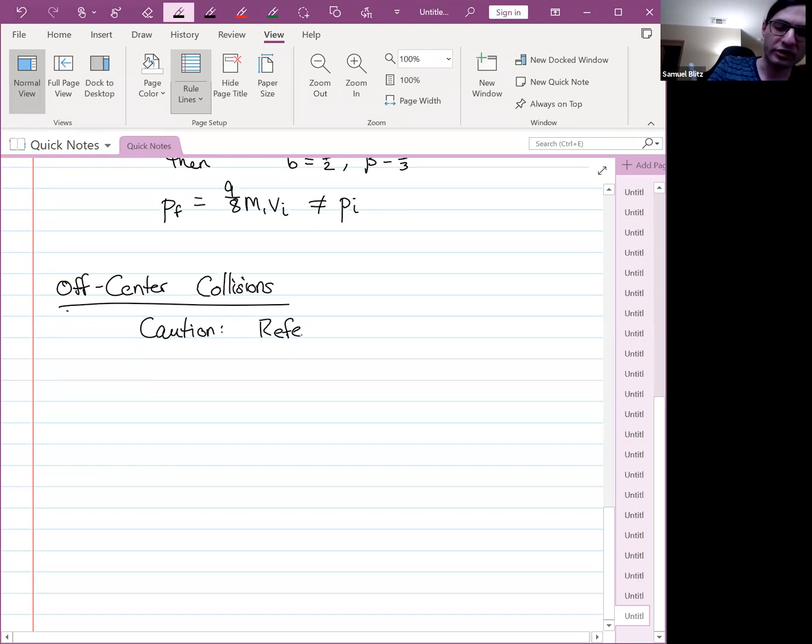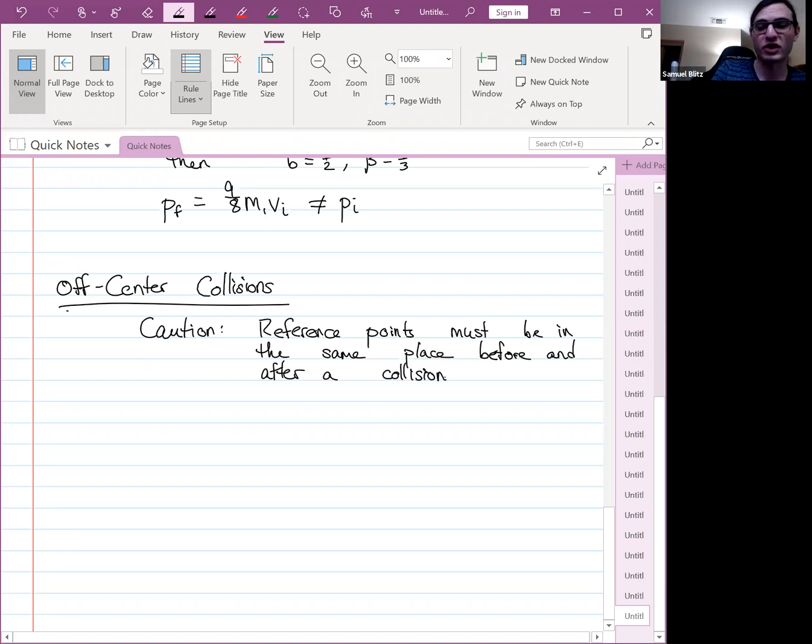Reference points must always stay in the same place. They must be in the same place before and after the collision. That's true in general, and that's just for angular momentum conservation. You should always be consistent with your reference point choice.